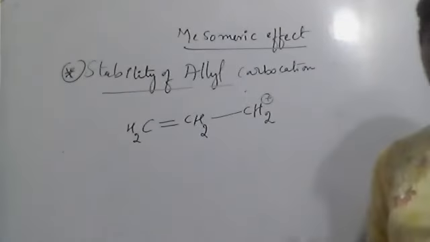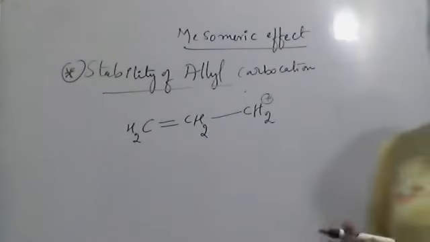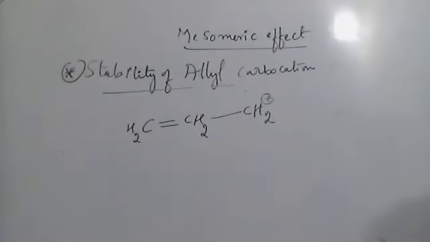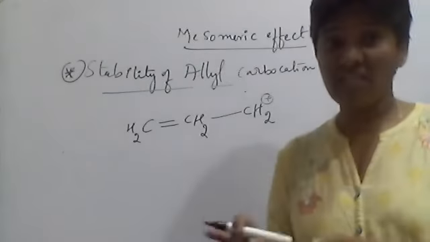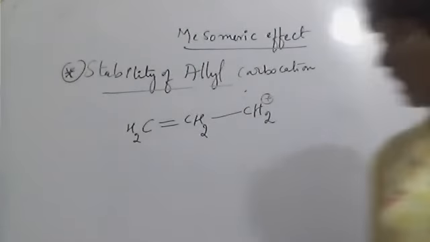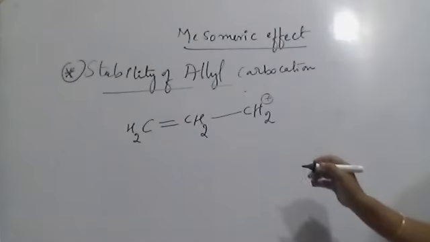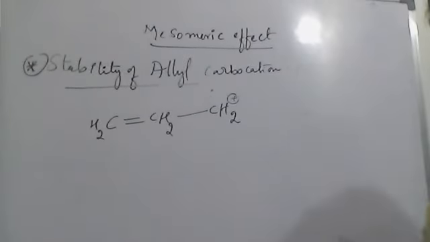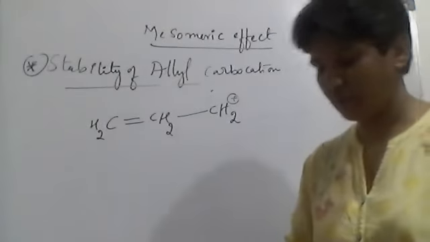So this is the allyl carbocation, formed from allyl chloride. Now this is one molecule, and it will exist in two structures. See how. For this, I can write one more structure. See here, this molecule.